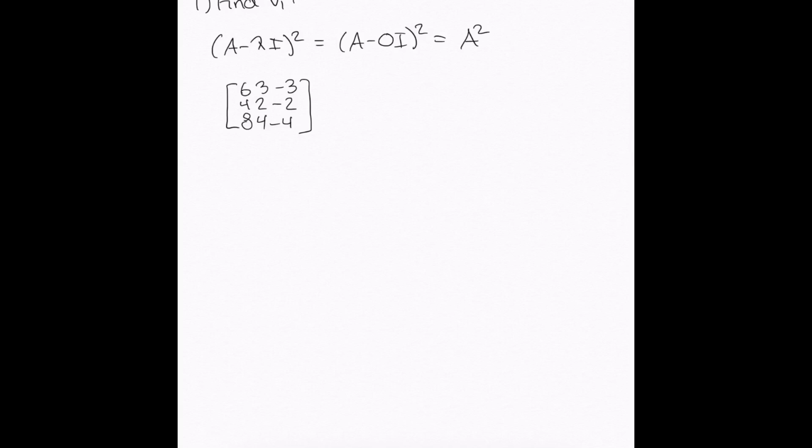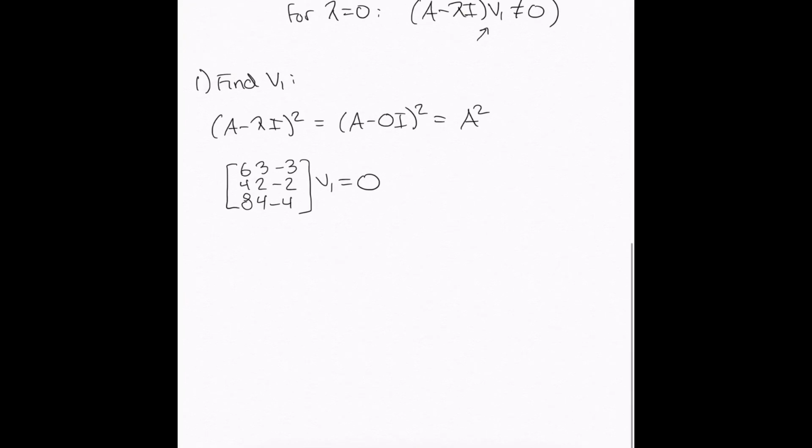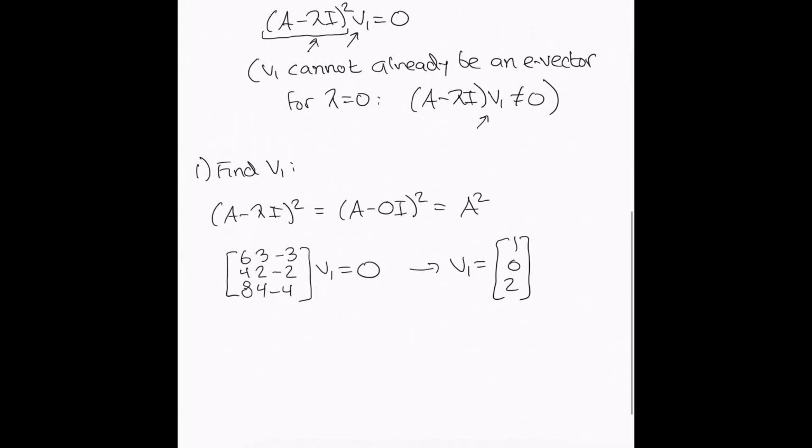And if I multiply that by v1, I need to be getting 0, because that's just the definition, right? So you can just look at it and pick a v1. I can do 1, 0, 2, because clearly when you multiply it by this matrix here, it will give you 0. And so that satisfies this part here, right?